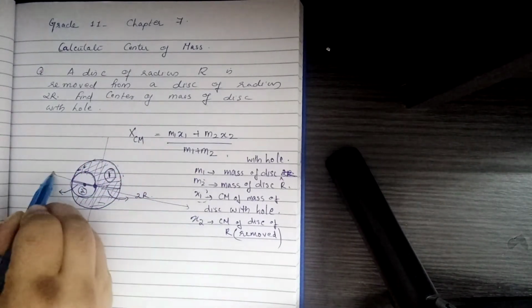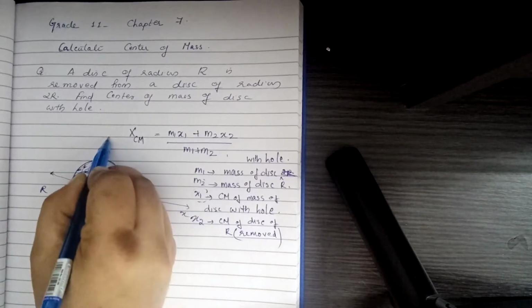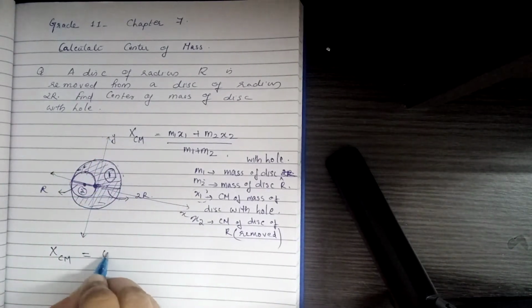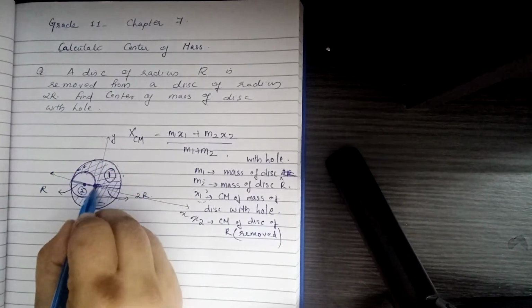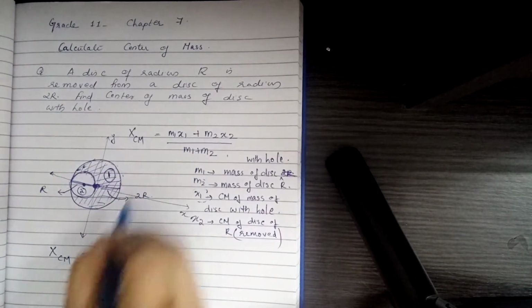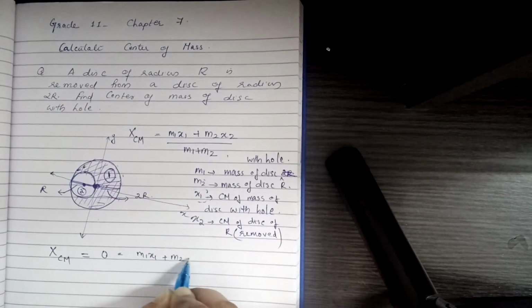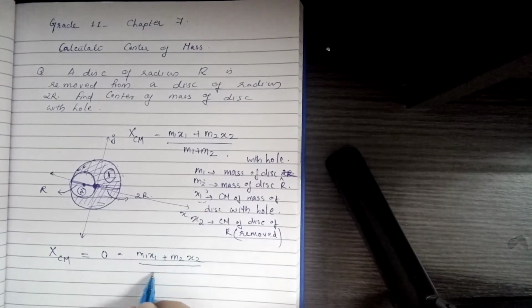This as the x-axis and this as the y-axis. So the center of mass of the whole system is equal to m1x1 plus m2x2 divided by m1 plus m2.